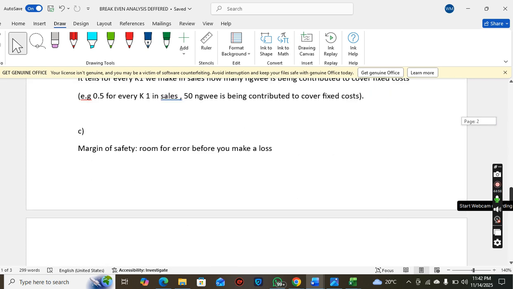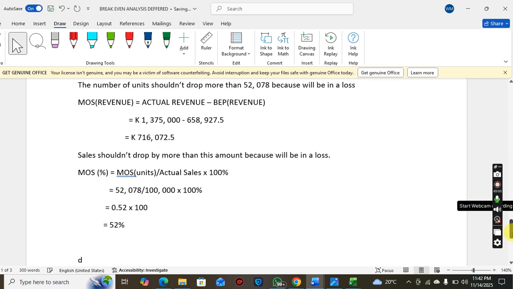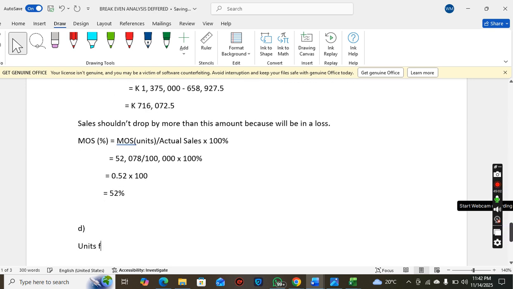So units for target profit equals total fixed costs plus target profit, divided by the contribution per unit.